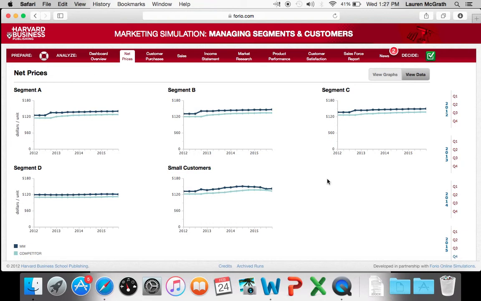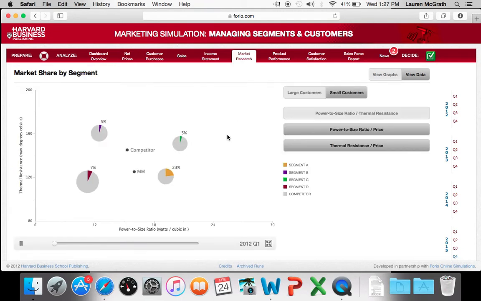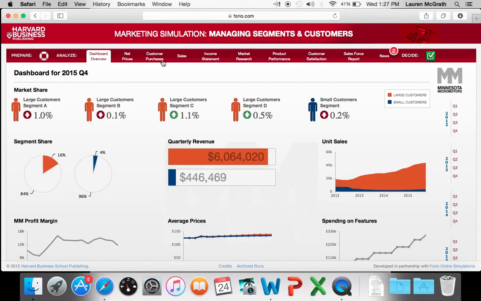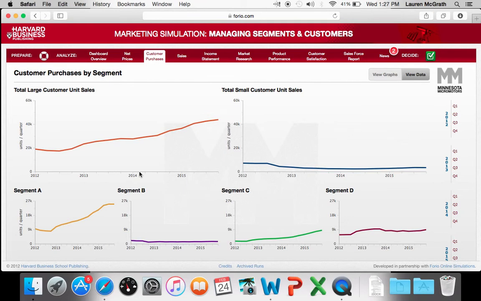Figuring out who you are targeting is very crucial. We knew we wanted to target the large group segment A. We did this by giving them more service and keeping their discounts at a reasonable level. So for us, that was really important to look at. So we knew that segment A here is giving us a lot of revenue.